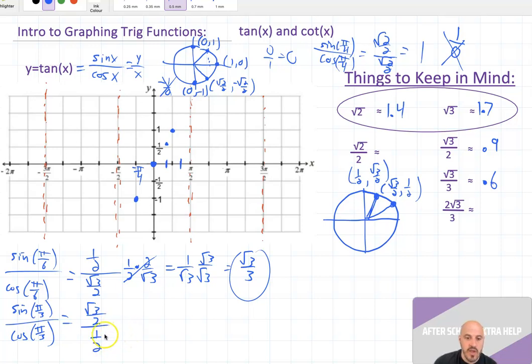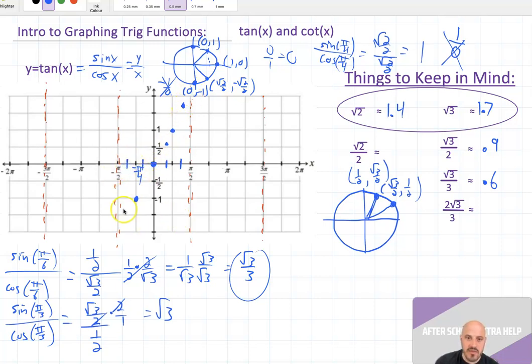This one's a little quicker. Flip and multiply. Instead of multiplying by a half, let's multiply by 2 over 1. These cancel, and I get root 3, which we already said was 1.7, approximately. All right, so 1.7, maybe I'm up somewhere over here. Good enough.